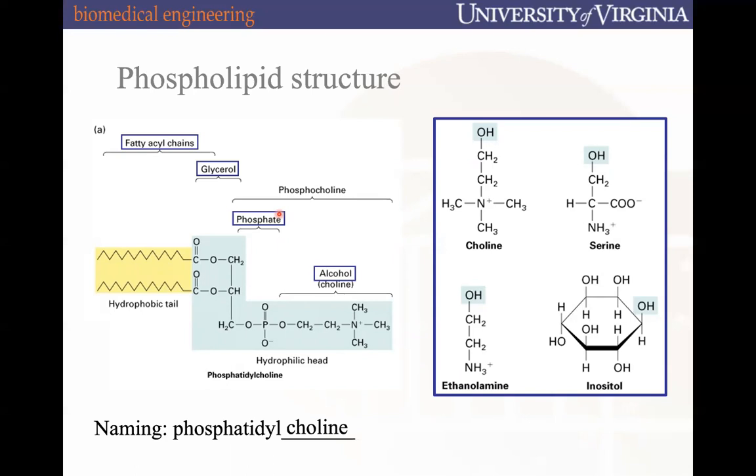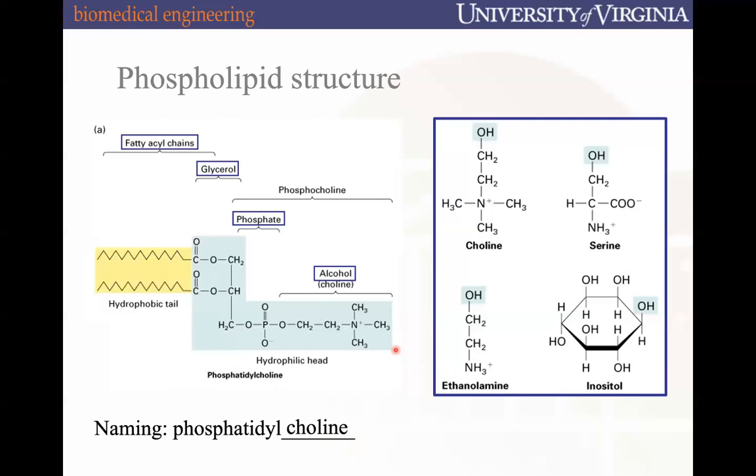Cool. Okay, so going back to the structure of the phospholipids, something important is that these alcohol groups on the head of the phospholipids are going to be specific to the inner or the outer leaflet of the cell membranes.